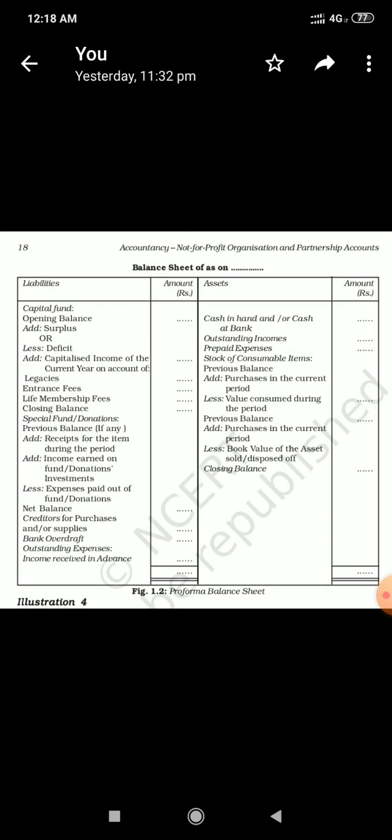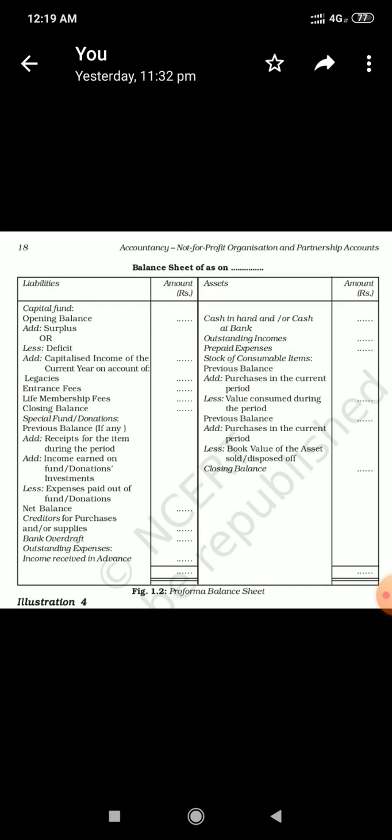Then add income earned on the fund. If we earn any income, for example if there is a sports fund and we earn income from that sports fund, that will be added here to our donation investment. Then less any expense paid out of the fund. If we pay any expense from this fund, we less that from our donation, then the net balance we show in this amount column.